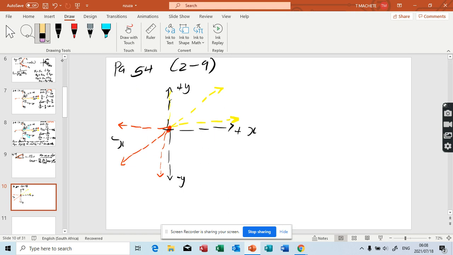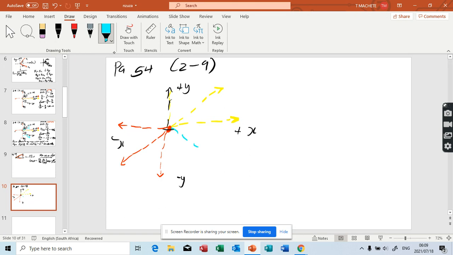Let's erase the black one. Okay, the blue one. Let's use the blue one.